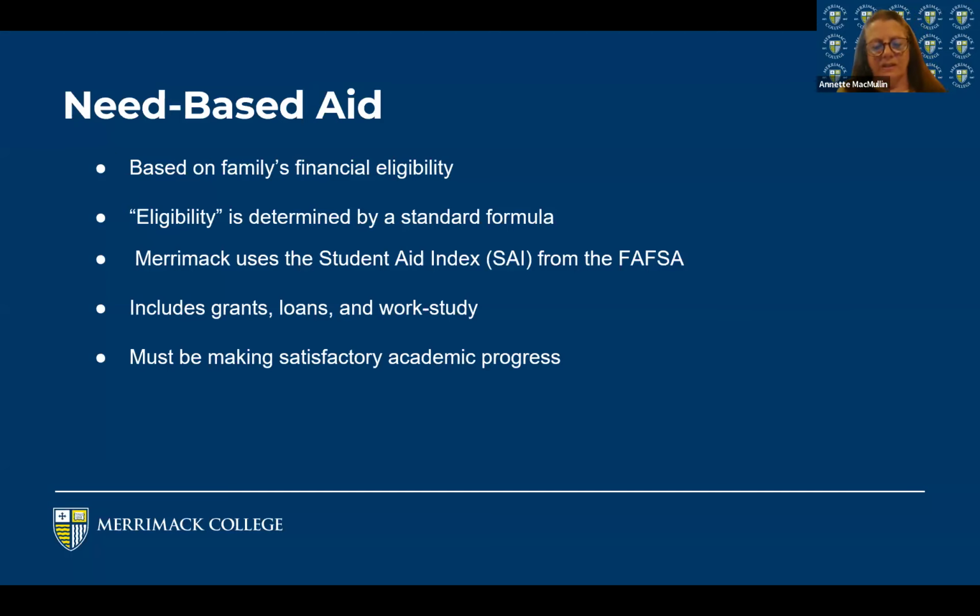So that's the calculation. I just wanted to make sure that you knew that we have this uniqueness at Merrimack, that you don't lose your institutional aid if you fell below your academic progress and you're working on doing things to attain a better GPA or a better progress level.